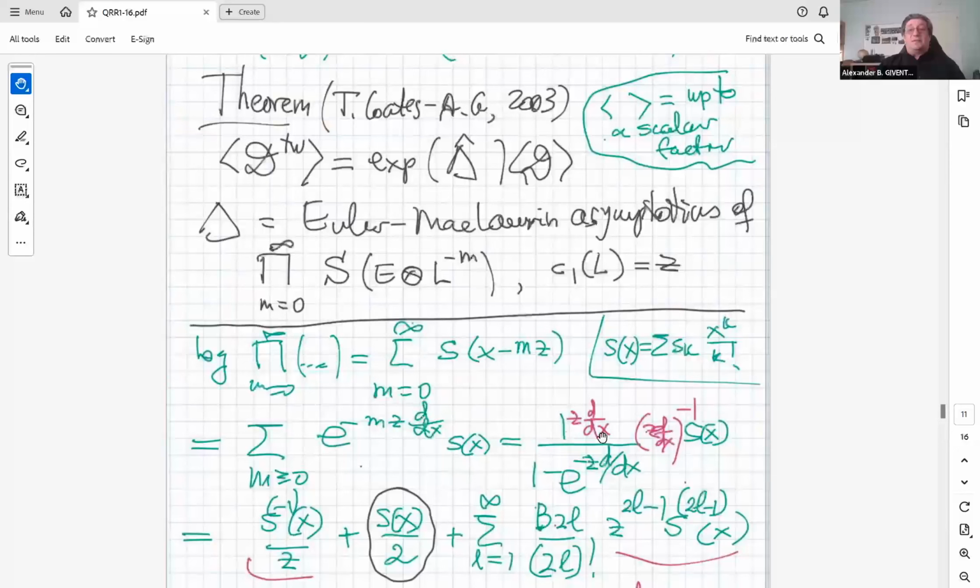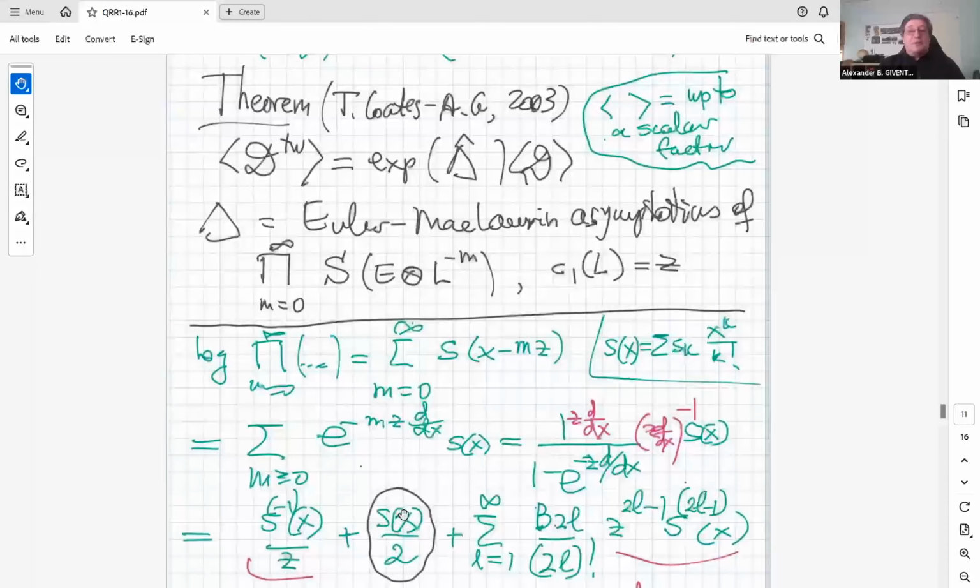But this thing is already a familiar Todd series, which if you expand it with respect to the derivative will spit out Bernoulli numbers, and that's what you get. Therefore, this is the final asymptotic expression. You see that the first term is just the antiderivative of S divided by Z; you can anti-differentiate each monomial.